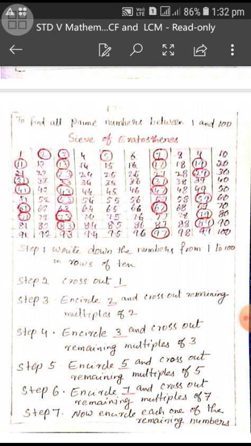First step, write down the numbers from 1 to 100 in rows of 10. Step 2, cross out 1.